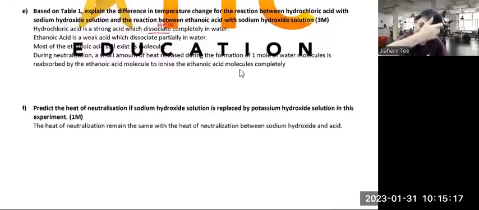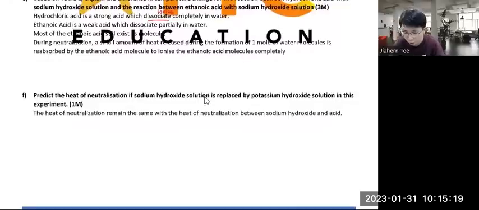Next will be the prediction. If you change your alkali, because the alkali was a fixed variable just now in this experiment, what if they change to a different alkali? If you change from sodium hydroxide to potassium hydroxide, your heat of neutralization should remain the same. Why? Because sodium hydroxide is a strong alkali, and potassium hydroxide is still a strong alkali.